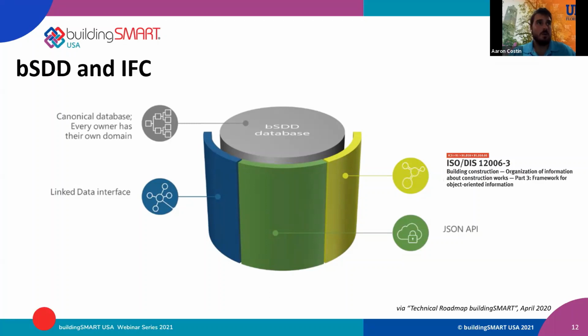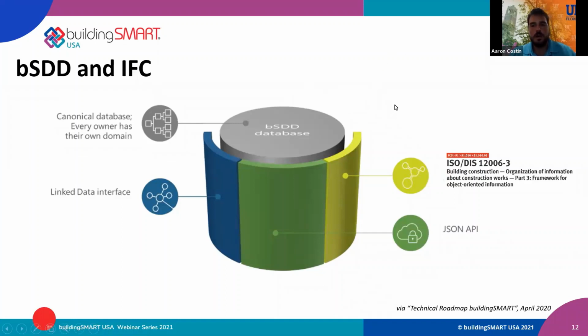Each domain has its own content, so they can also include their own rules and rule-based sets. As mentioned before, it has that linked data interface, which is the data of the semantic web. And with this new buildingSMART DD, they're having the JSON API, so now we can have those interlinks of the model-based software to the web.